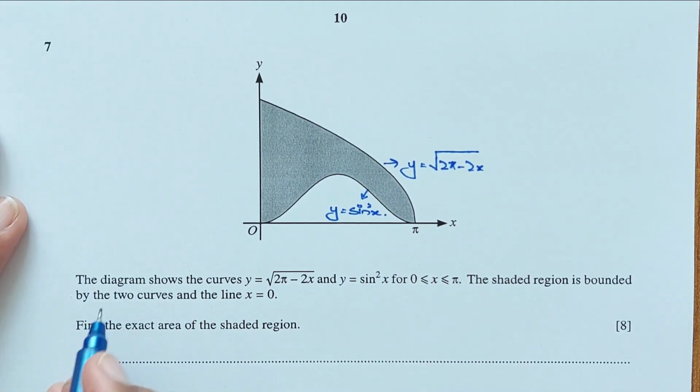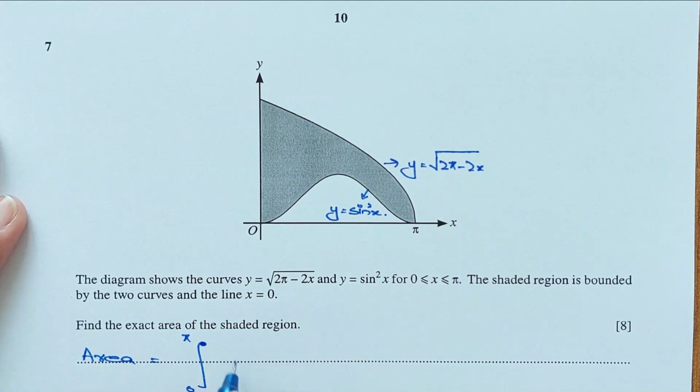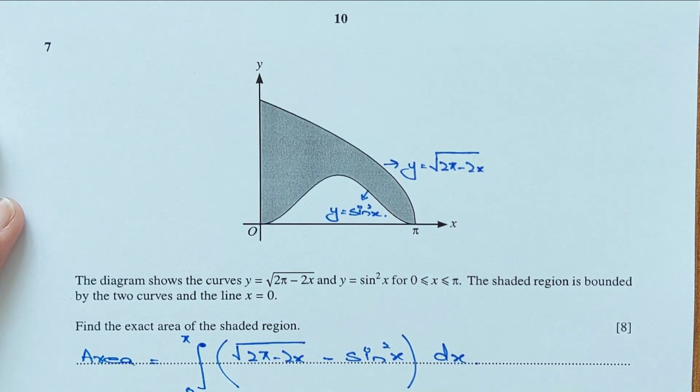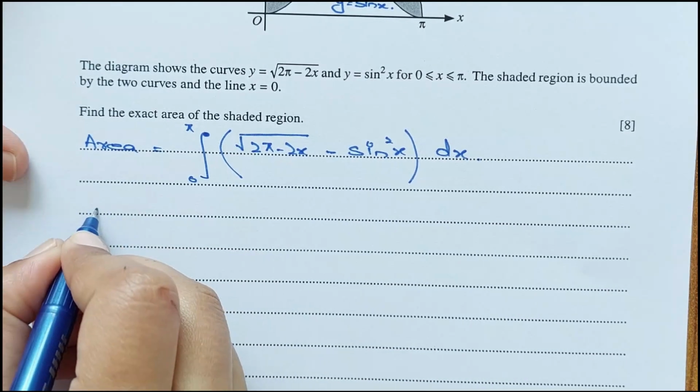So to find the shaded area, we have to integrate between 0 to pi square root of 2 pi minus 2x, subtract sine square x, dx. Right. Okay, let me do the integration.